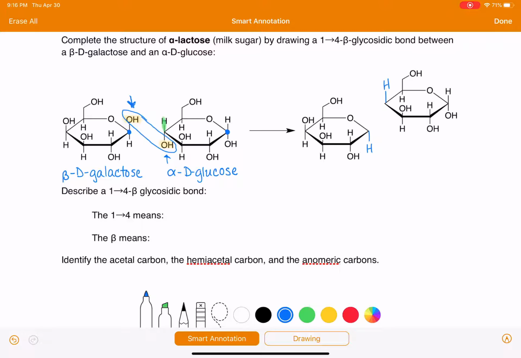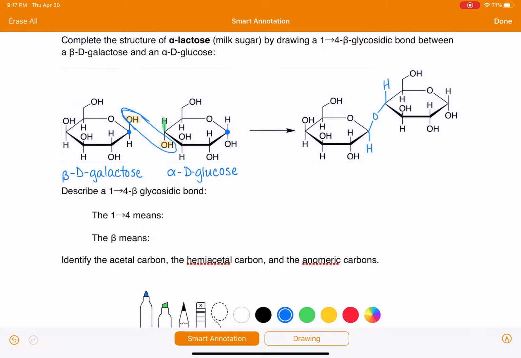But for us, for this class, those rules really aren't that important. You just need to know that you're going to connect these two molecules at this particular spot, and you're going to be connecting them with an oxygen like that.